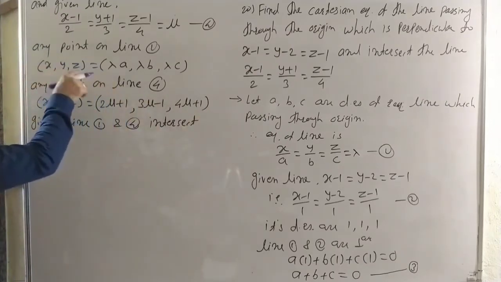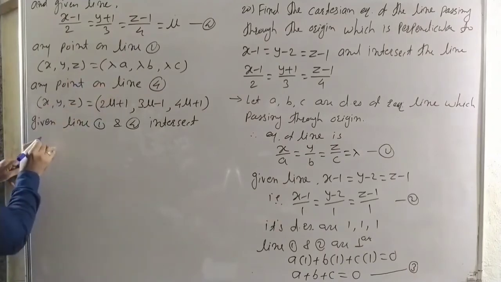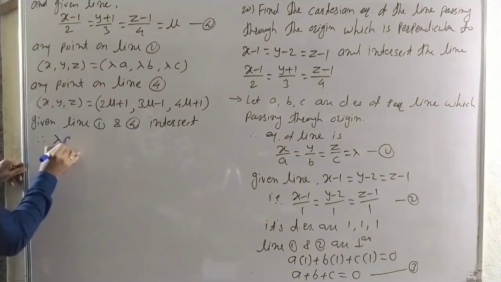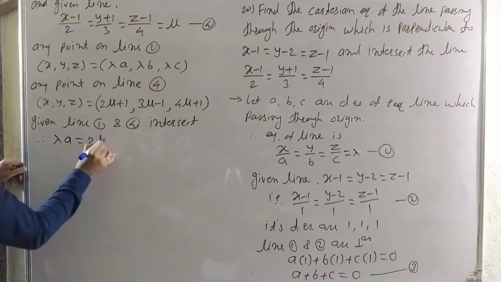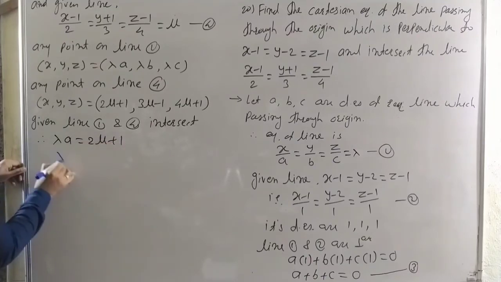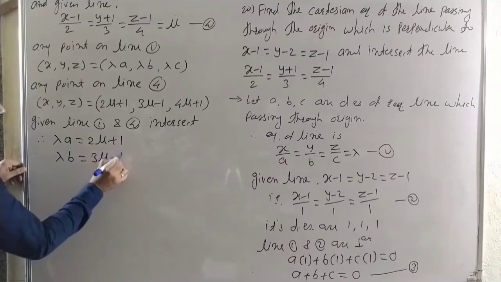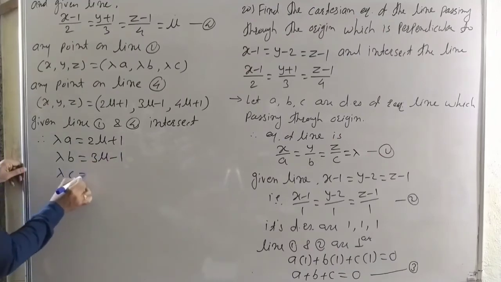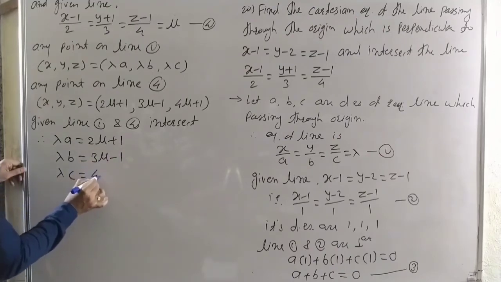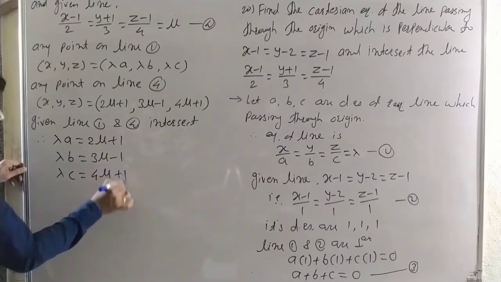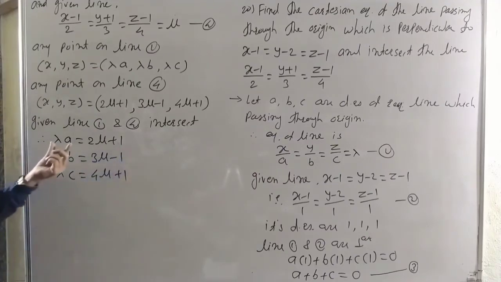Therefore we can write lambda a is equal to 2 mu plus 1, lambda b is equal to 3 mu minus 1, and lambda c is equal to 4 mu plus 1. Now we can find the values of a, b and c.